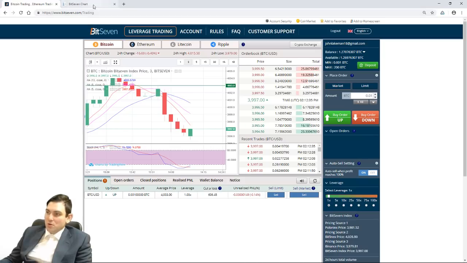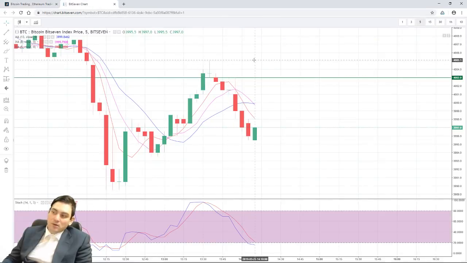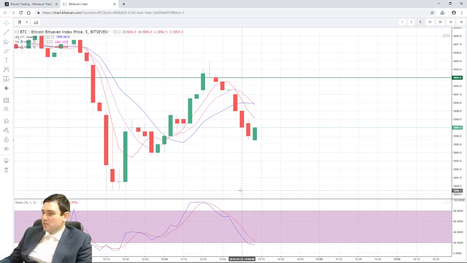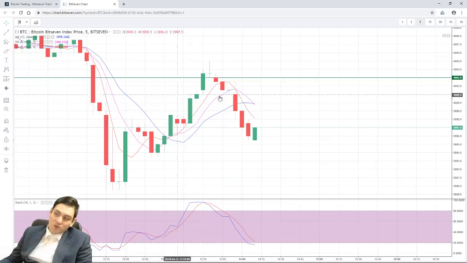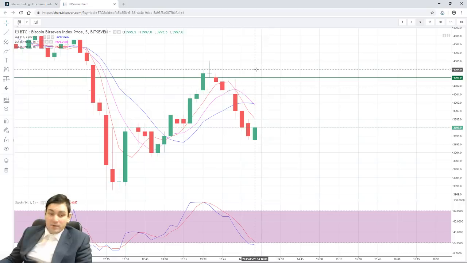We are trading short, and we are trying different trading strategies. So here I have a stochastic, three moving averages, and Japanese candles. And I think that would be enough to assist me to make some profit.